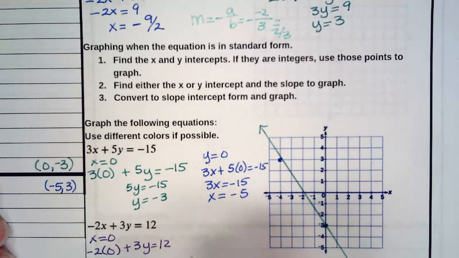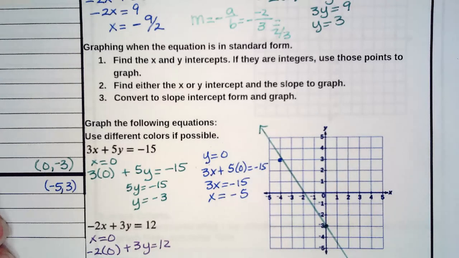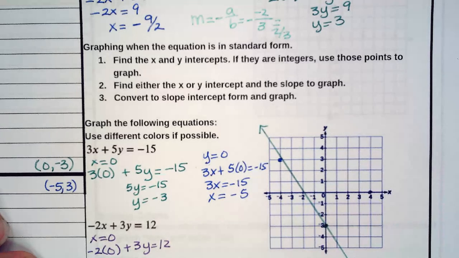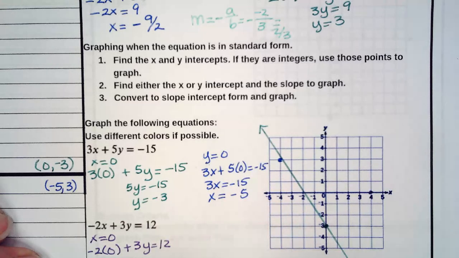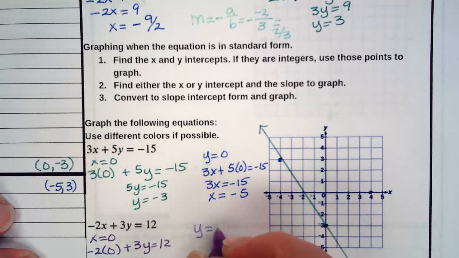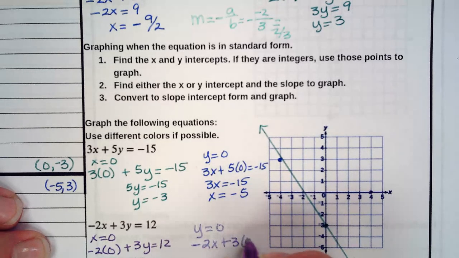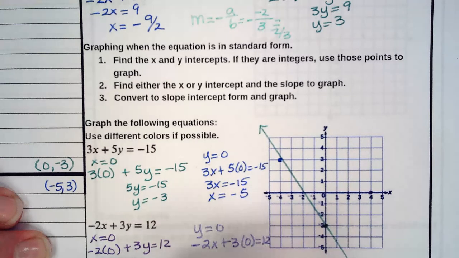For the second one, we have y is equal to 0. So negative 2x plus 3 times 0 is equal to 12.